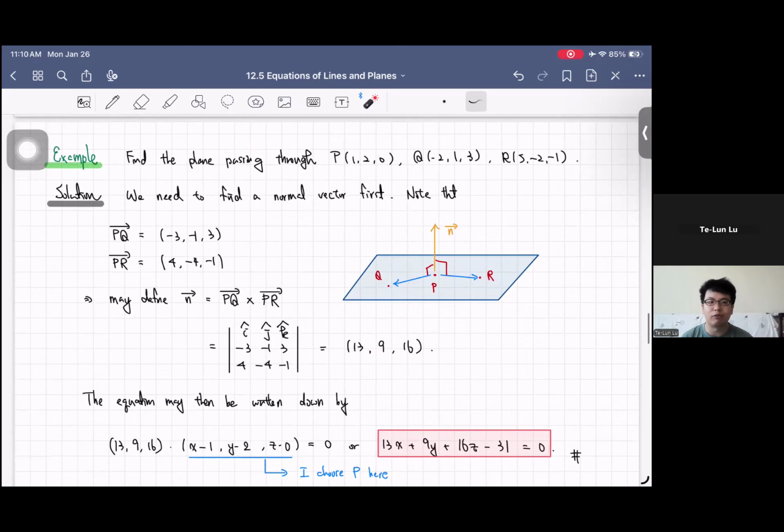I would recommend you do more exercises in your textbook because those are the important stuff. You want to figure out how to extract information from an equation of a line and plane, or to derive the equation from some information about a line and plane. That's the basic concept of what we're doing here.